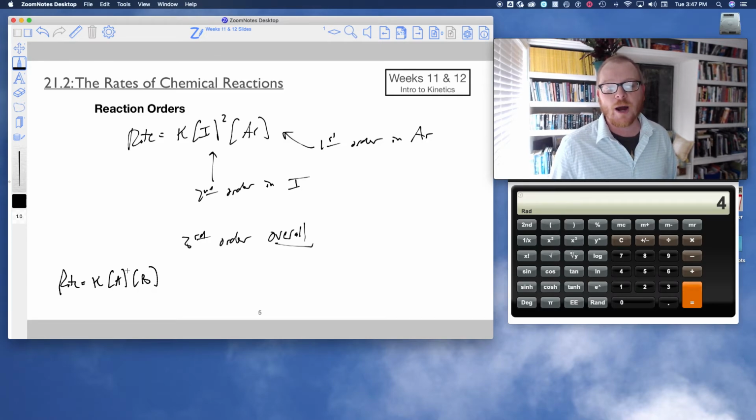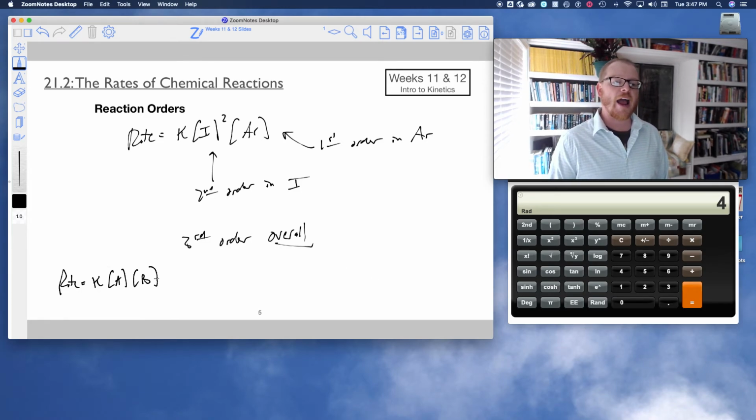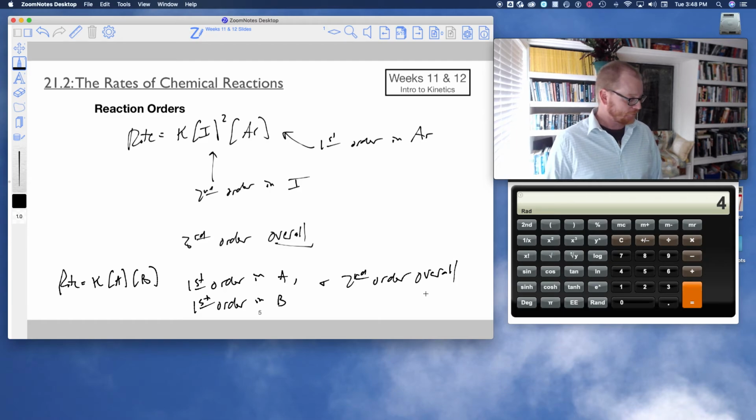And when I don't write a number on the exponent right there, it's implied that it's raised to the first power, right? So if I had one that looks like this, it would be first order in A, first order in B, and second order overall. Okay, so they all add up.